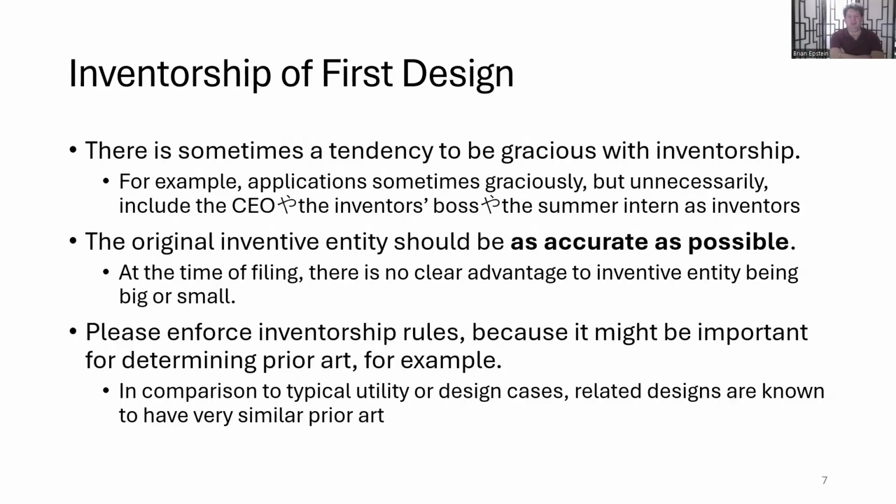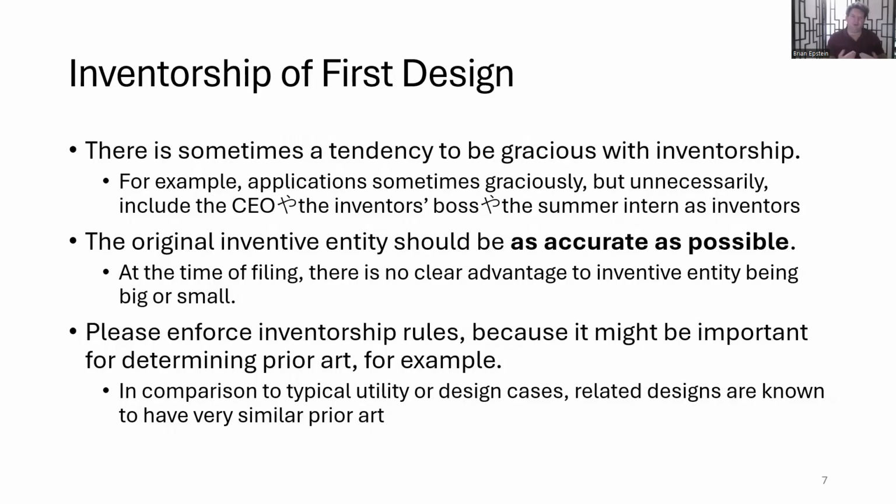And the reason is that at the time of filing, there's no clear advantage to the inventive entity being big or small. It's possible to do these kinds of strategies for utility applications, but for a related design, we just don't know what kind of art or rejection we're going to have down the road. And so we don't know if we want a big or a small inventive entity yet.